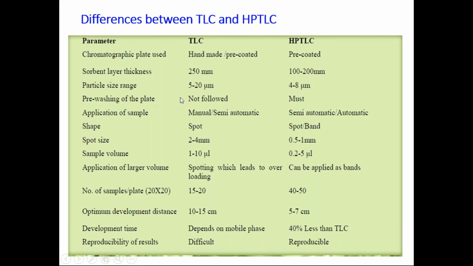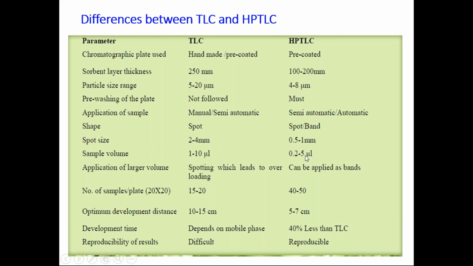You don't need to pre-wash the plate in TLC, but in HPTLC we do a pre-wash. The application is either manual or semi-automatic. In HPTLC, it is semi-automatic or automatic. The shape of the spot in TLC is usually circular. In HPTLC, depending on which spotter you have used, you can get a spot or a band. Spot sizes are very precise.